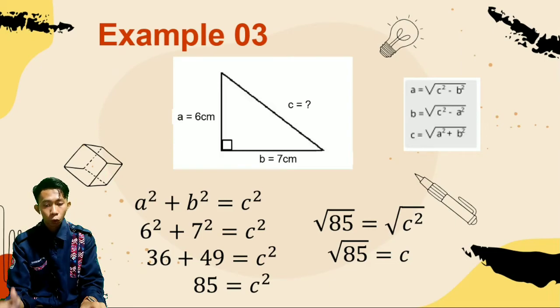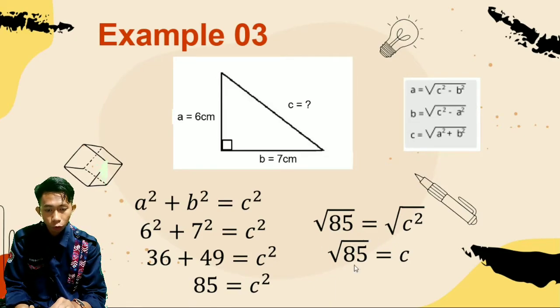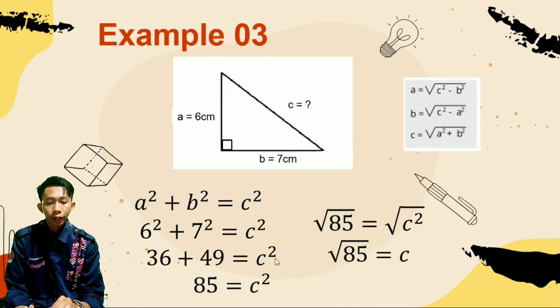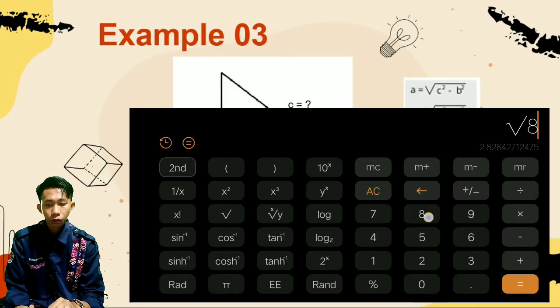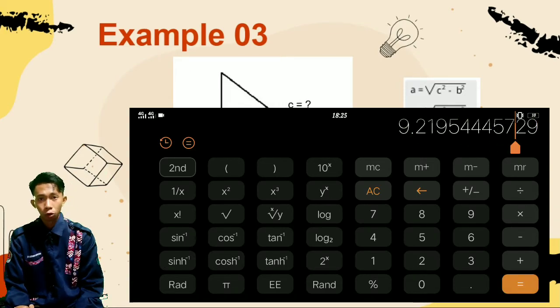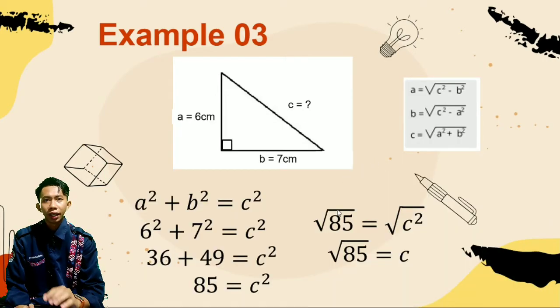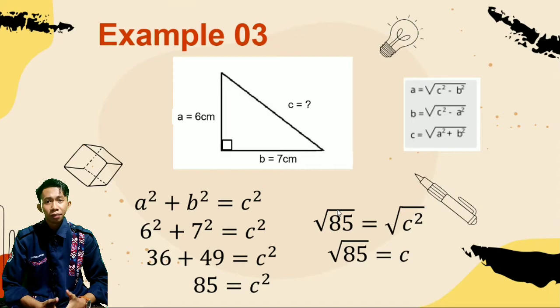It doesn't matter if you just leave the final value as a square root, because 85 is not a perfect square, so we cannot find an integer to represent the square root of 85. But if you want to find the final result with a calculator, you will get a decimal. Okay, I think it's very simple to do, right?